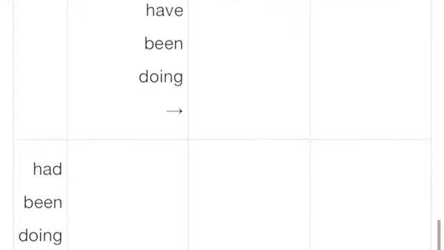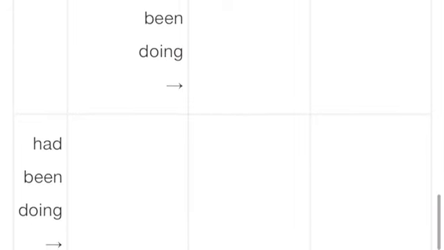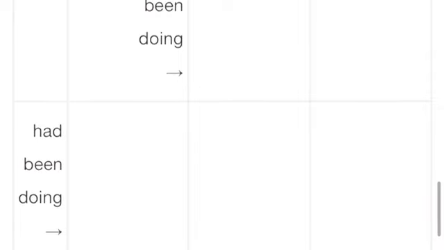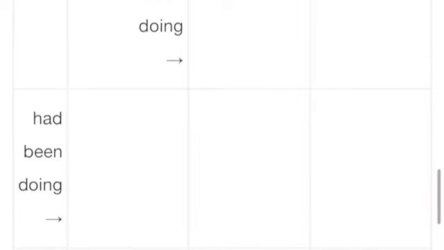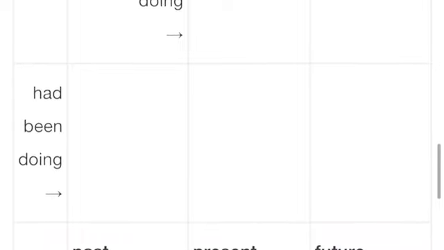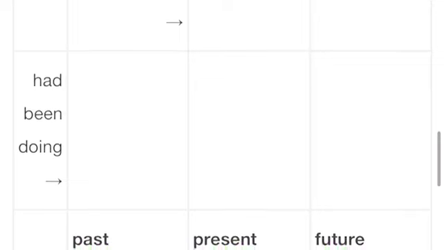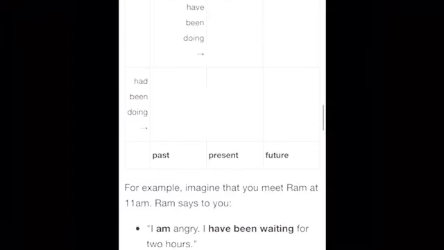Now students, you can sometimes think of the past perfect continuous tense like the present perfect continuous tense. But keep one thing in mind, instead of the time being now, the time is before. Got it? Now see, first you have had been doing and then you have been doing. Both actions are in the past tense. For example, imagine that you meet Ram at 11 a.m. Ram says to you, I am angry.